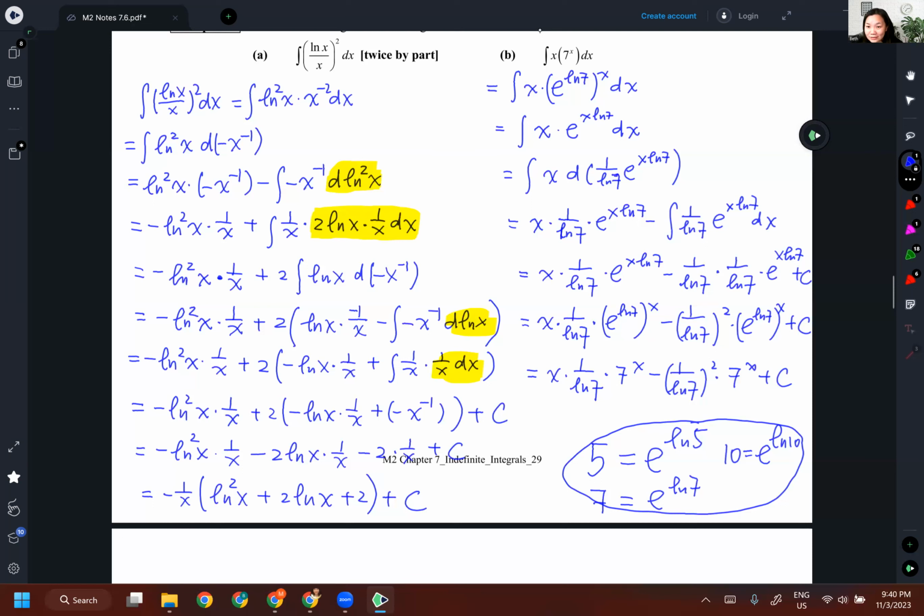Now, if you're stuck in part B, you should let u be square root x right at the beginning. Try let u be the square root of x.